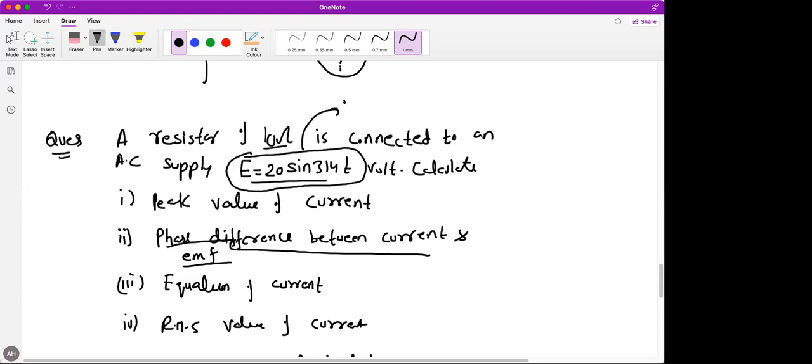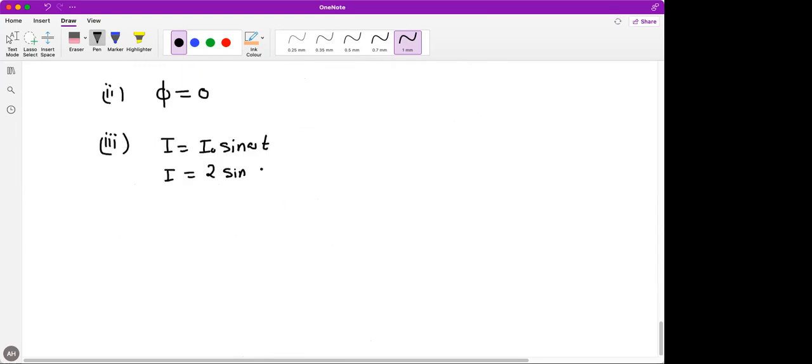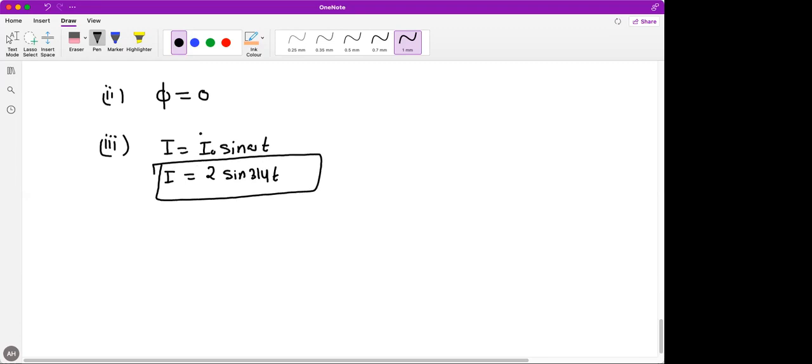You can compare it with the standard equation of EMF: E is E naught sine omega t. How much is omega, Mariam? Fatma, not 2 pi r, just compare. Instead of omega, we have 314. Omega is 314. So that is the equation of current: I is 2 sine 314 t.